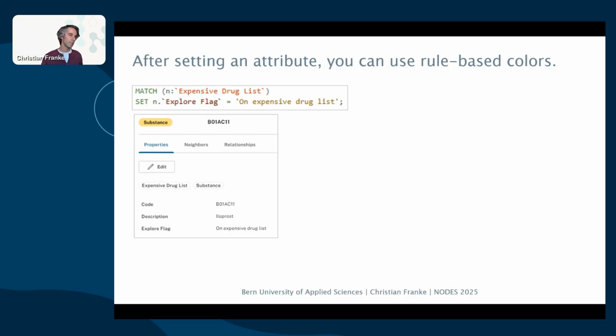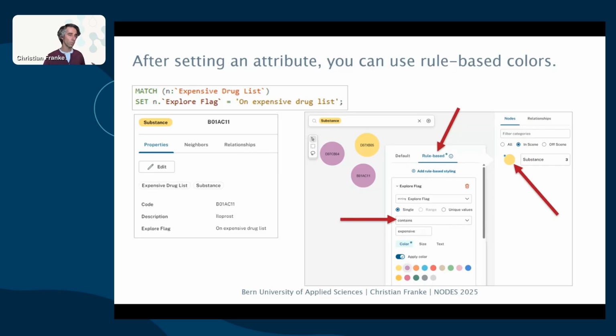As a workaround, you can easily save this information, whether it's expensive or not, as an attribute in your substance node. Here I created a flag, and with the rule-based formatting in Neo4j Bloom, we can say, okay, if this flag contains a word, or it starts with a word, or whatever, then it appears in blue or in purple or another color, or you can even create ranges.